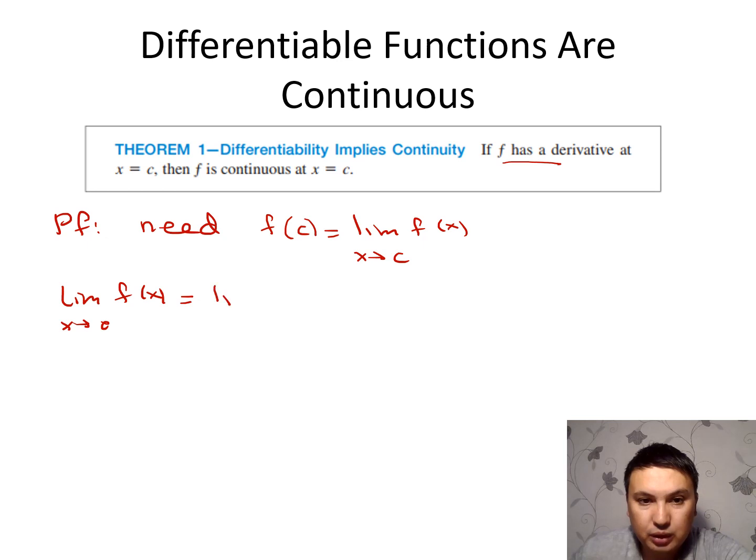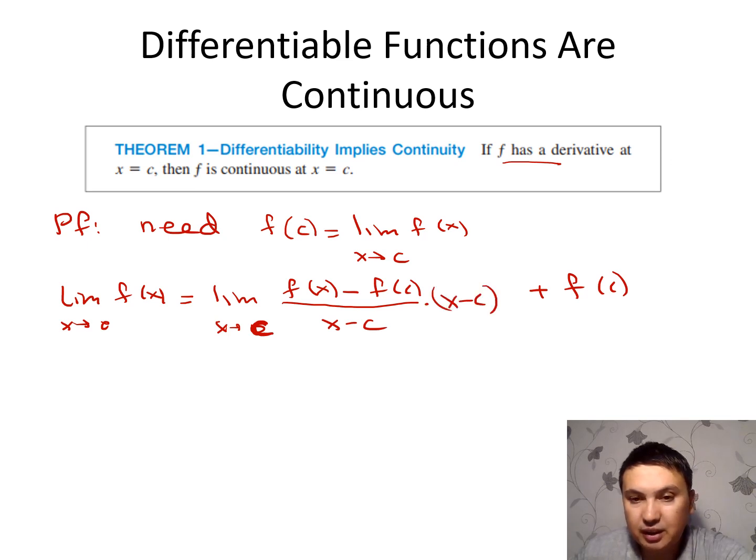Let's make it look like a derivative. I could write f of x minus f of c plus f of c, so nothing changes. Now let's divide this term by x minus c and multiply by x minus c. You multiply and divide, nothing changes.